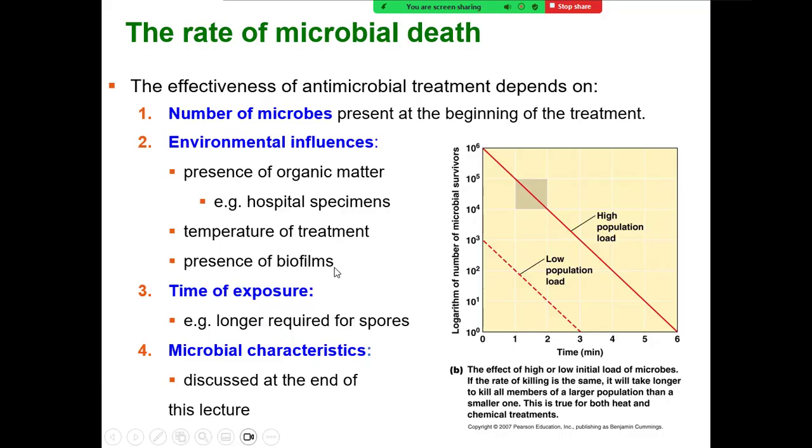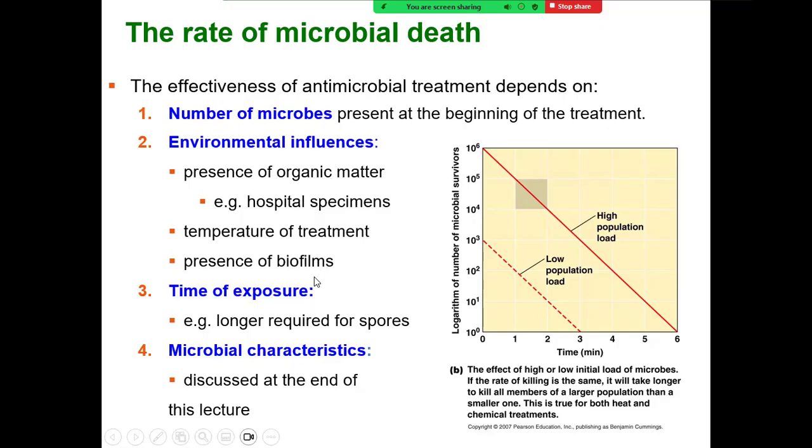If a bacterium has a biofilm, you're going to have a much more difficult time killing off those microbes than if the microbe did not have a biofilm. Is that clear to everyone there? Anyone confused about that?